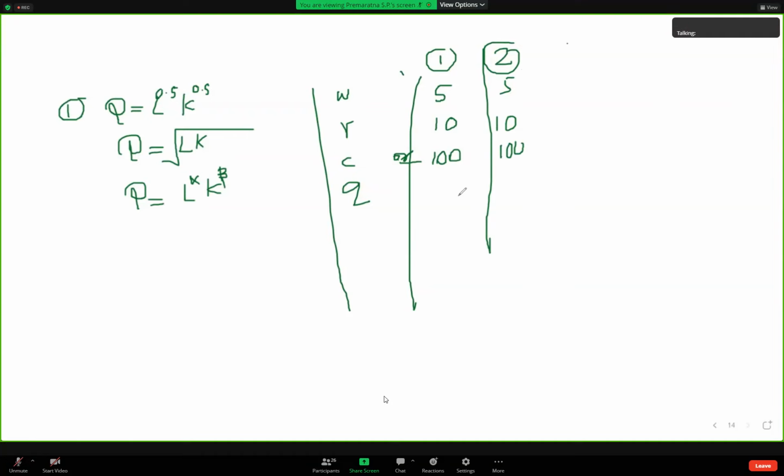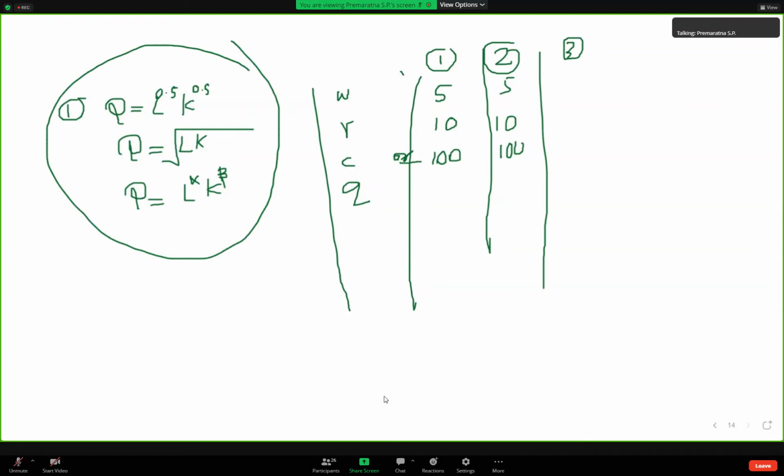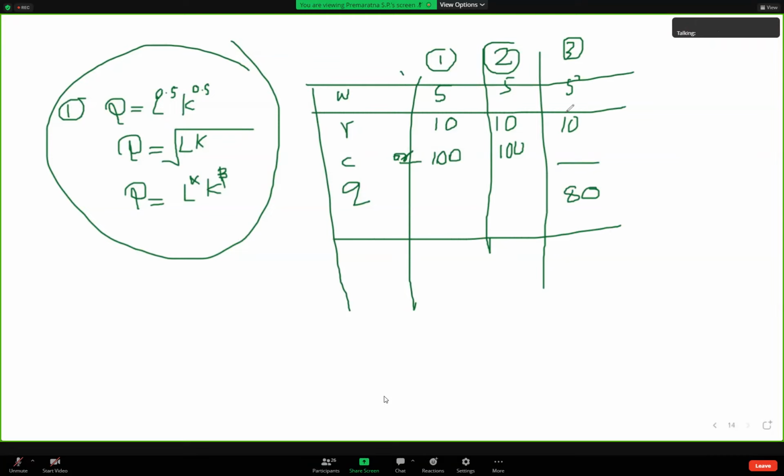For the third equation, try it as homework; in the exam I will give you this: W is 5, R is 10. I don't give the cost, but I give the output, let's say 8 units. I don't know what kind of answers will come. Try those things as homework before the midterm test. So, optimal.